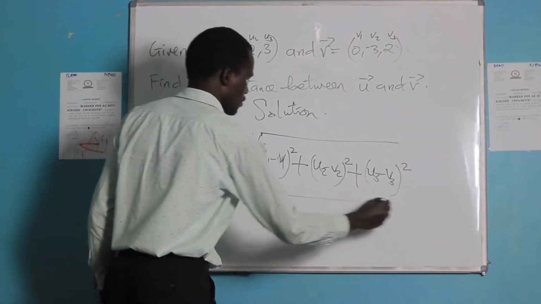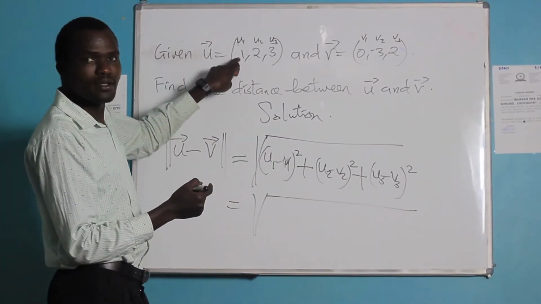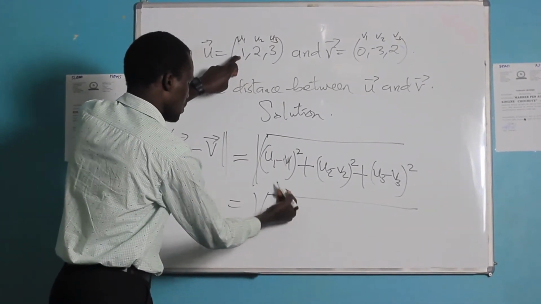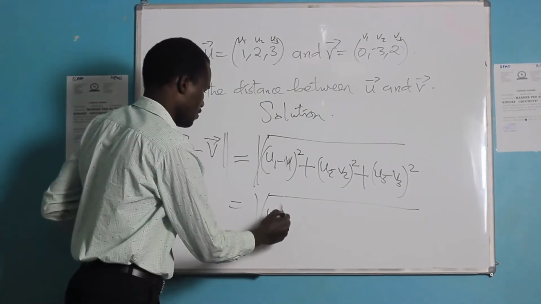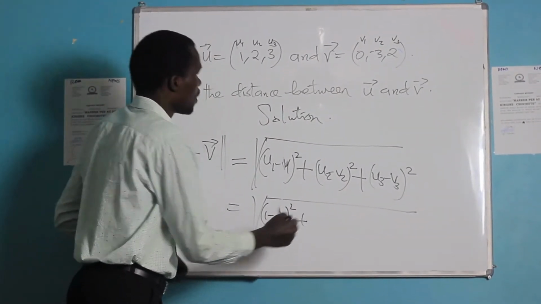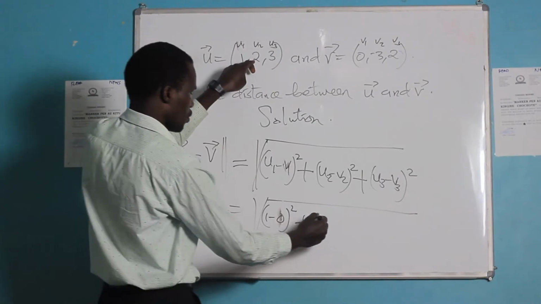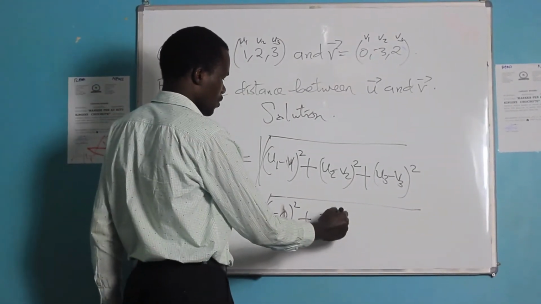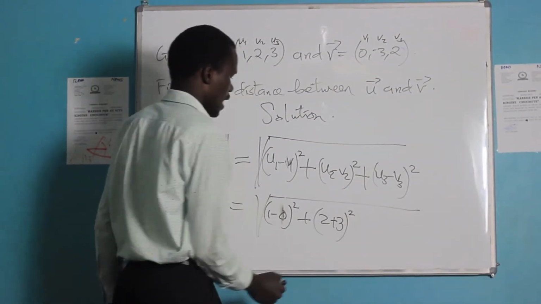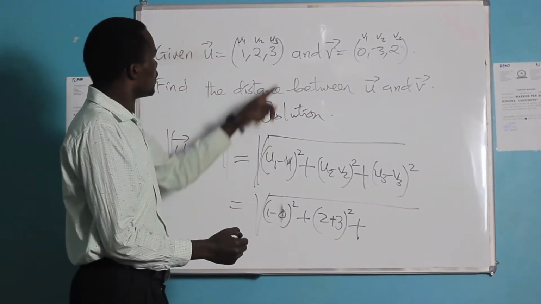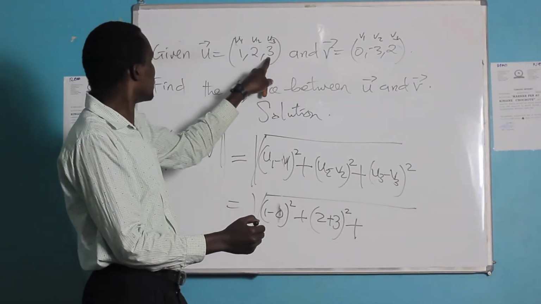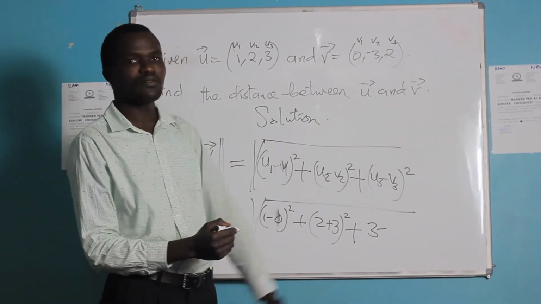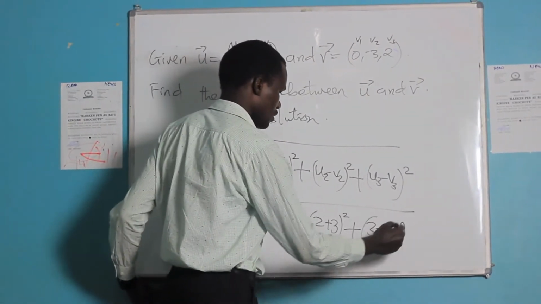So dear students, remember u1 equals 1, minus v1 is 0, you put square, plus u2 equals 2 minus v2 is negative 3. So this will be plus the third entry in vector u is 3 minus the third entry in vector v is 2, then squared.